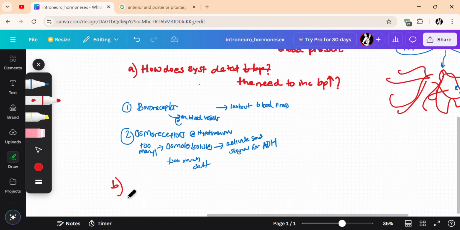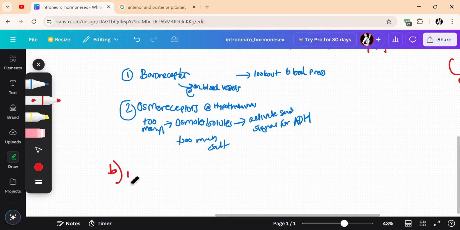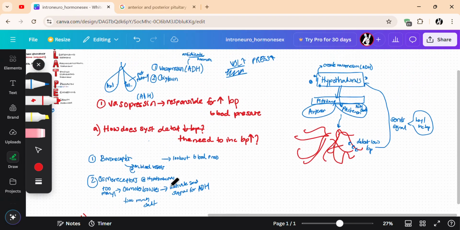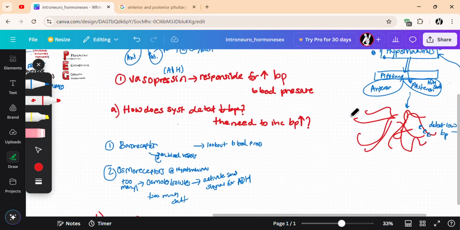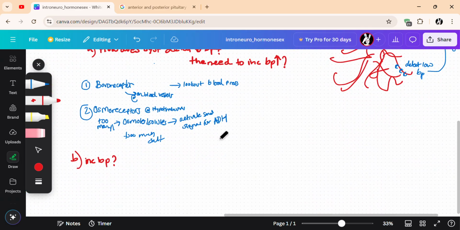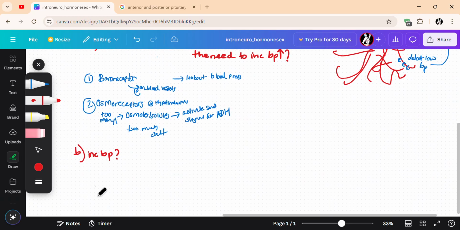Now, we've touched upon this, but how do we increase blood pressure? Well, we said vasopressin also goes by the name ADH, which stands for antidiuretic hormone.